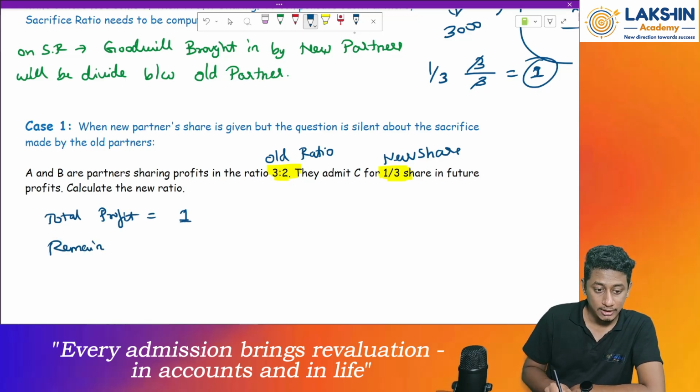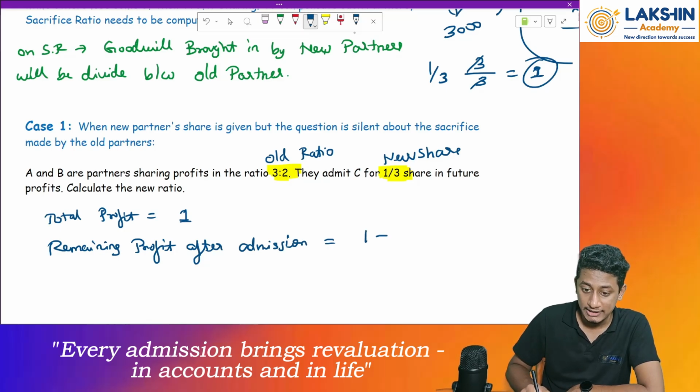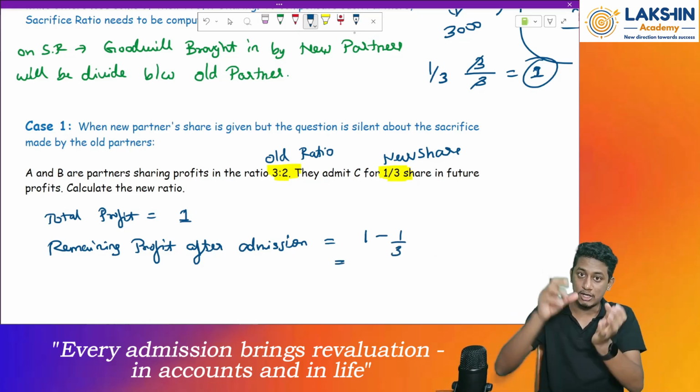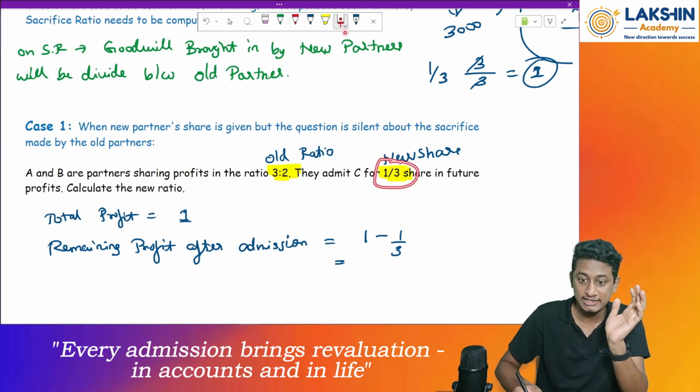Remaining profit after admission of the new partner will be how much? 1 minus 1/3. See, 1 is the whole, and out of that, 1/3 is given to the new partner. They have clearly mentioned that 1/3 is given to the new partner.